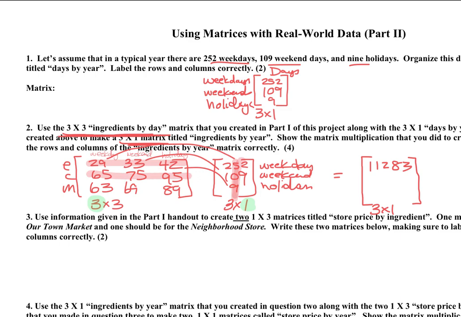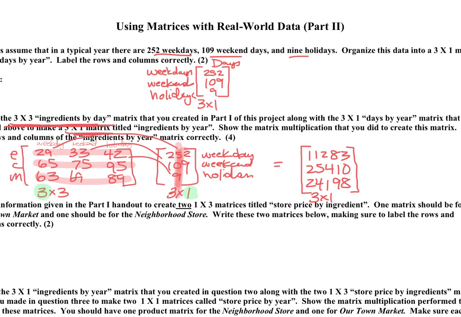You can pause right now if you need to do that. But I got 25,410, and then let's do the last one for milk times the number of days that we've got going on there. And I got 24,198.